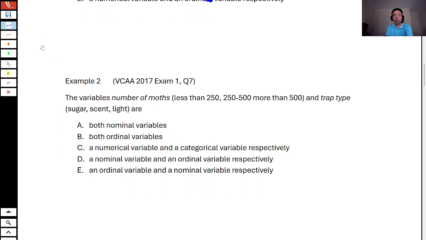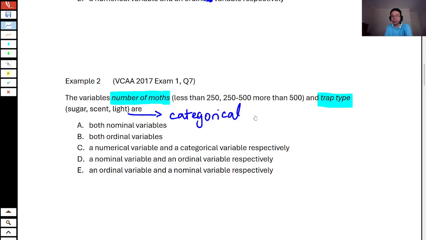Here, the variables are number of moths and trap type. If we look at trap type, it should be clear that these are names. So these are categories. So it's a categorical variable. And there's no obvious ordering, so this would be nominal.